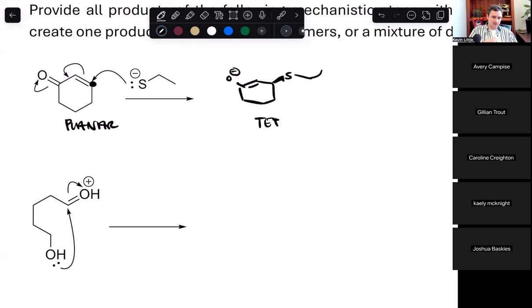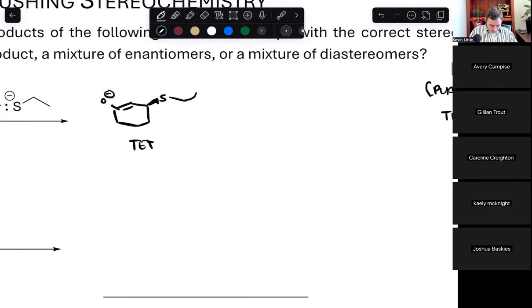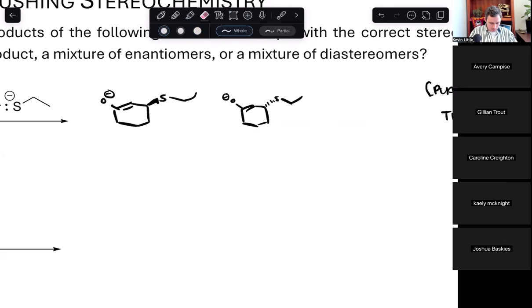It can attack the front side of this molecule, or it can potentially add as a dash to the back side of the molecule. So then I compare these two molecules. There's only one stereocenter in both of them. I would say these two molecules are enantiomers.